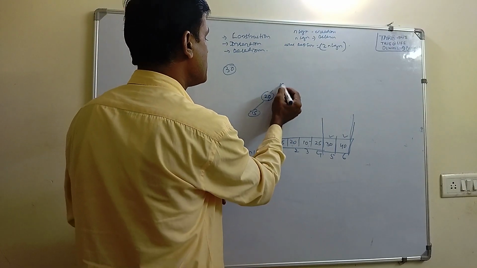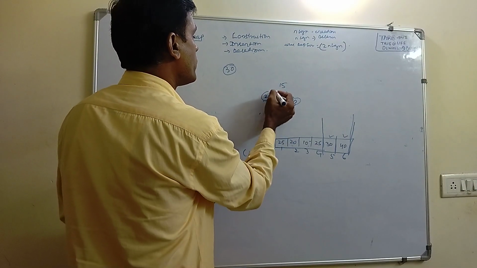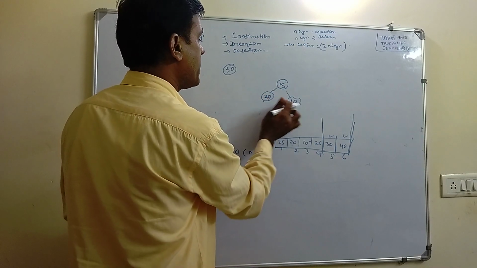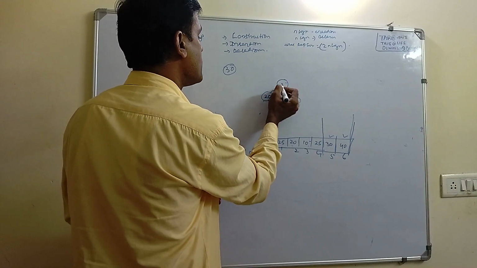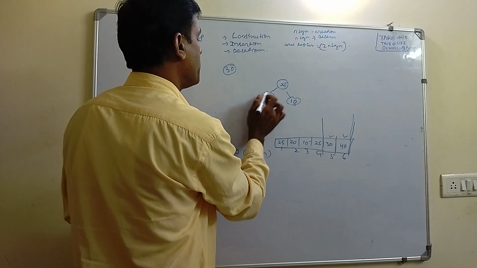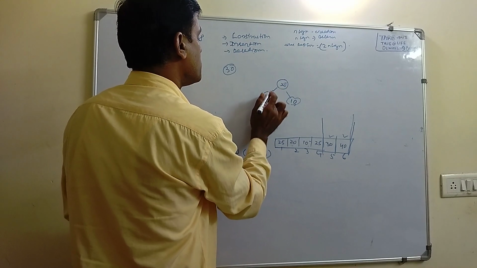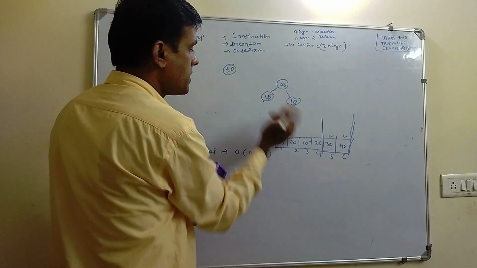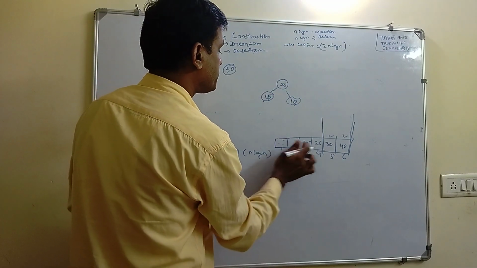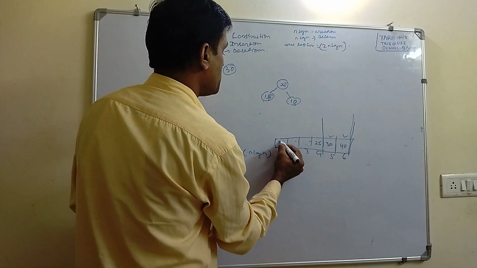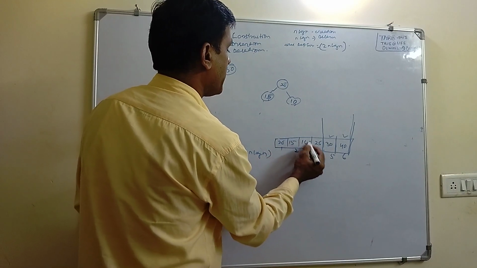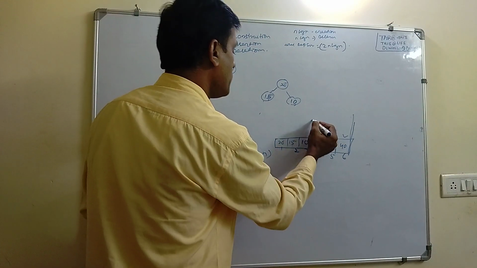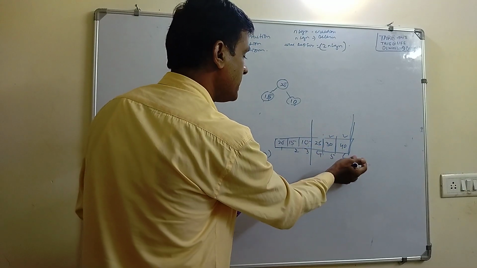So 15 will replace here, and now we have to exchange: 20 will go here and 10 will be here, 15 will be here. Now the array will be like this: 20, 15, 10. Now your heap has come up to this. You have deleted these elements.